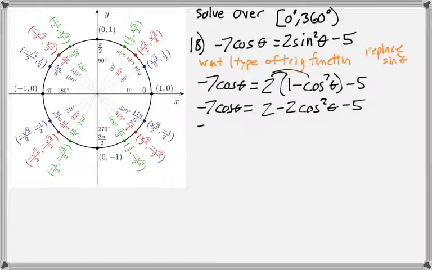And this will be -7 cosine of theta is equal to -2 cosine squared of theta minus 3. So now I want everything onto one side. I want my squared term to be positive, so I'm going to move everything to the left.